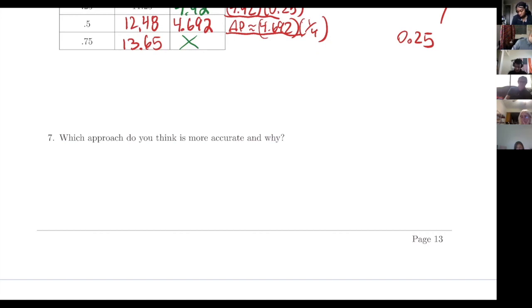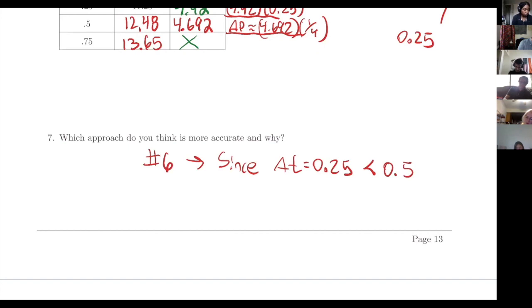With the 0.25 change, it's more accurate because the slope is always changing in the dP/dt function, and with smaller amounts of change, we have less of a change in the slope. It's always changing all the time, and with the smaller steps, we get a closer approximation.